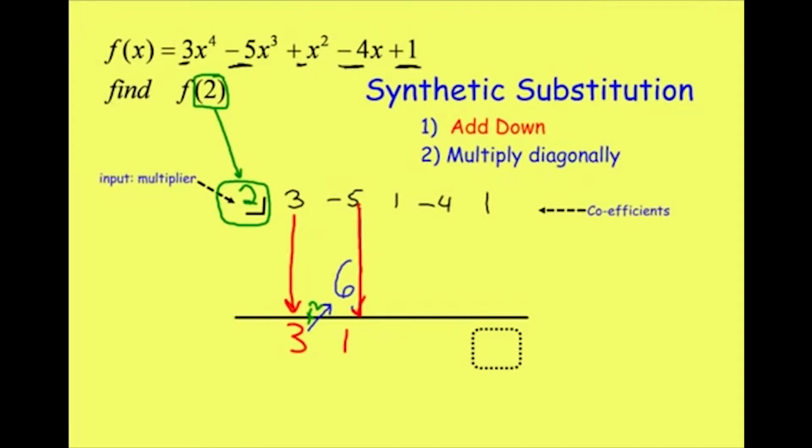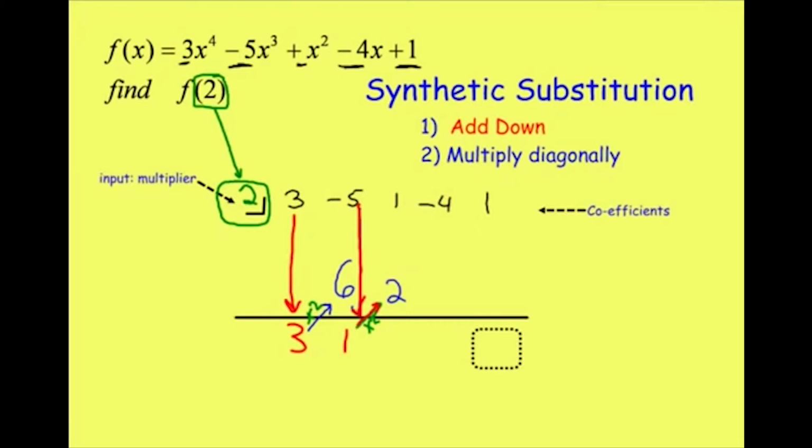After our add down step, the next step is to multiply diagonally again. Again, we're going to use our multiplying number of 2. So the 1 that we just ended up with, we'll multiply by 2, diagonally heading up. So 1 times 2 is 2. And now we're ready to begin again.